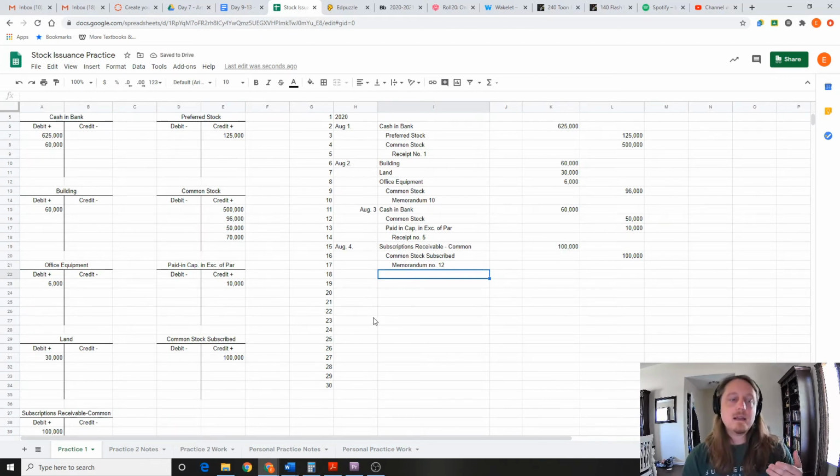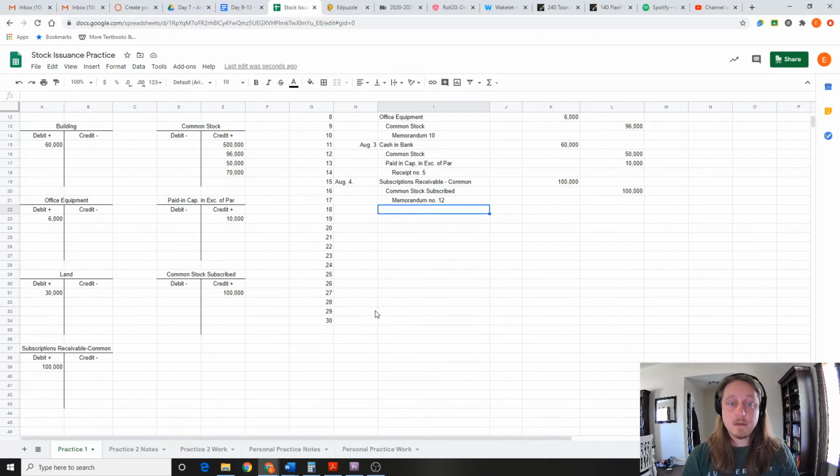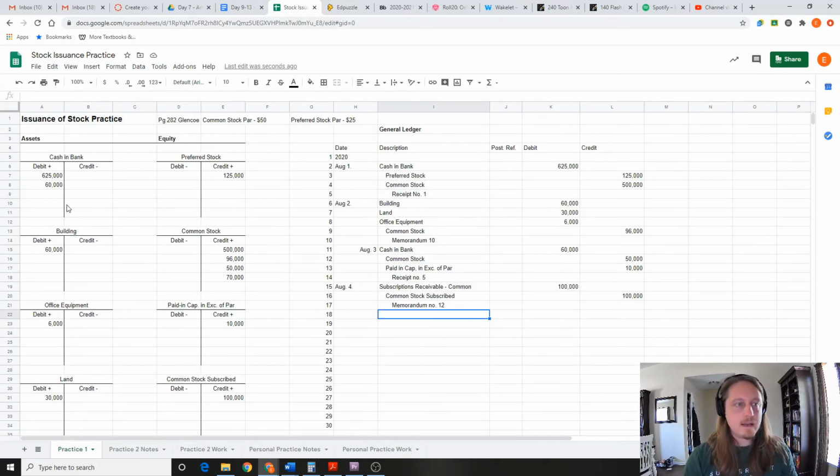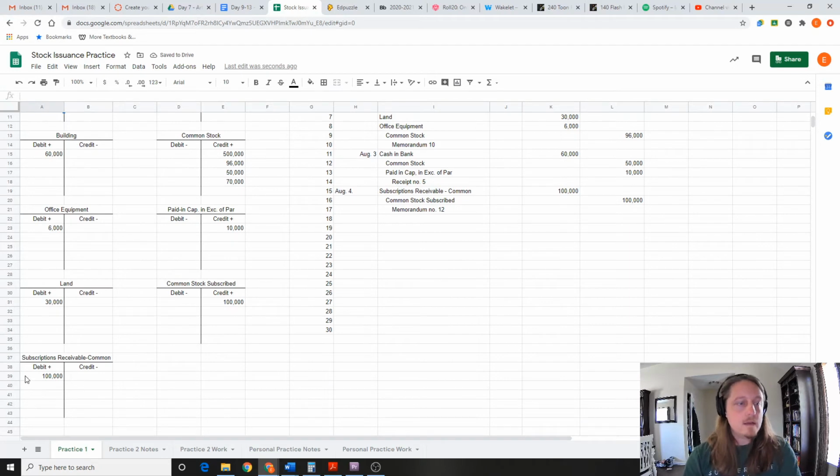Now let's say that they start paying on that subscription so that they can pay it off and get the whole stock. So what would that look like? So first thing that would happen, let's say they pay 50,000 of it right now. So the first thing that would happen is that cash would go up in the bank because they paid us. Okay? And we're going to take that off their bill, right? So the receivables, the money that's owed, is going to go down 50,000.